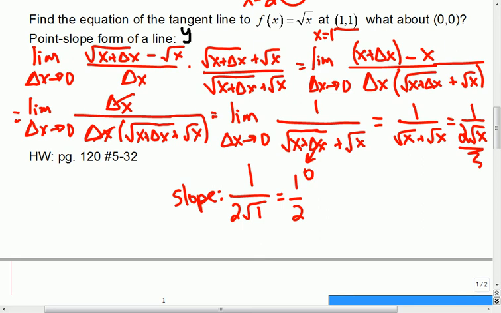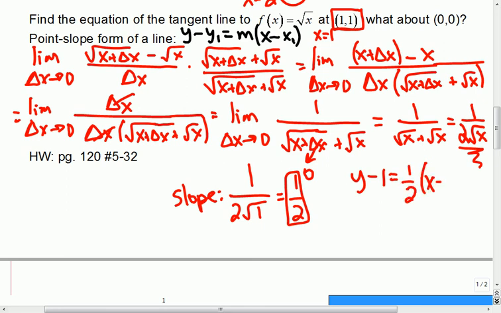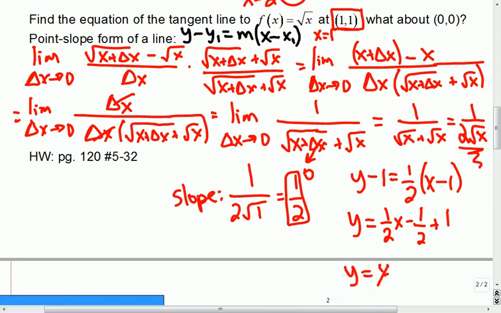It's going to be y minus y1 equals m times x minus x1. And here's the point right there. So I have a point and I have a slope. So that's going to be y minus 1 equals 1/2 times x minus 1. So y equals 1/2 x minus 1/2 plus 1. So the equation of the line here will be 1/2 x plus 1/2.